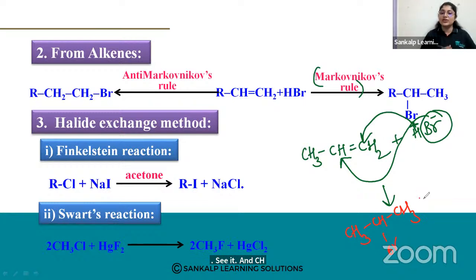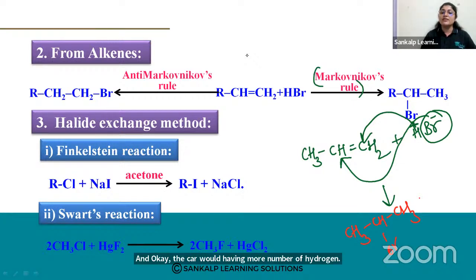So what does Markovnikov's rule state? Whenever you have an unsymmetrical alkene, the negative part of the halogen acid will be added to the carbon having the least number of hydrogen atoms, and the positive part of the halogen acid will be added to the carbon having more hydrogen atoms.